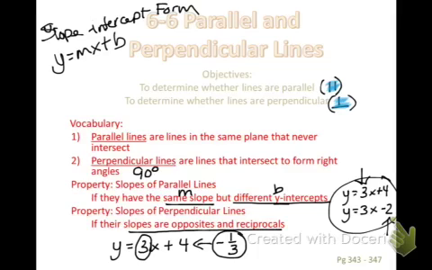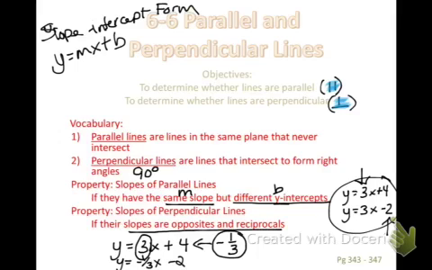For slopes of perpendicular lines, you can take that negative 1/3 and make it y equals negative 1/3 x, and then the point, whatever point they have. It can also be plus 4 too. You never know, that could be where they intersect.